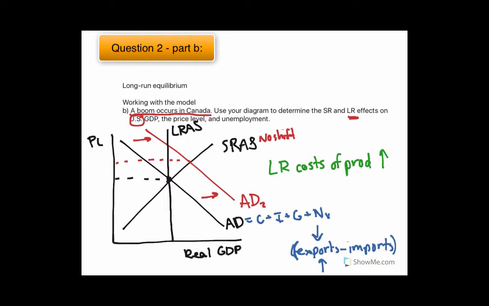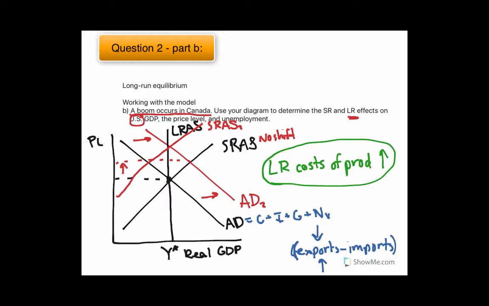I say higher because it's higher in the short run. It's higher than where the economy started. So once these costs of production increase, suppliers will decrease their output back to the level we were at in the long run. So again, we have our natural level of output here in the long run.